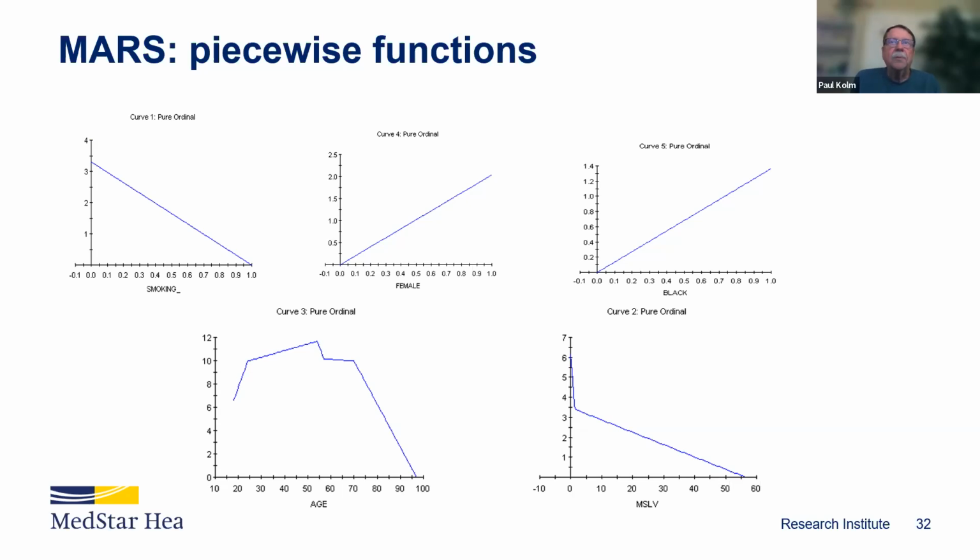And that's another thing about MARS, is that the predictor variables that are continuous aren't necessarily linear. That's why you get different cutoffs for the continuous variables.